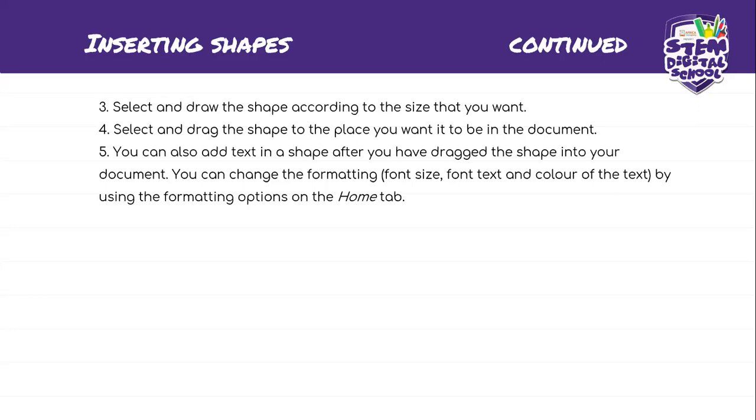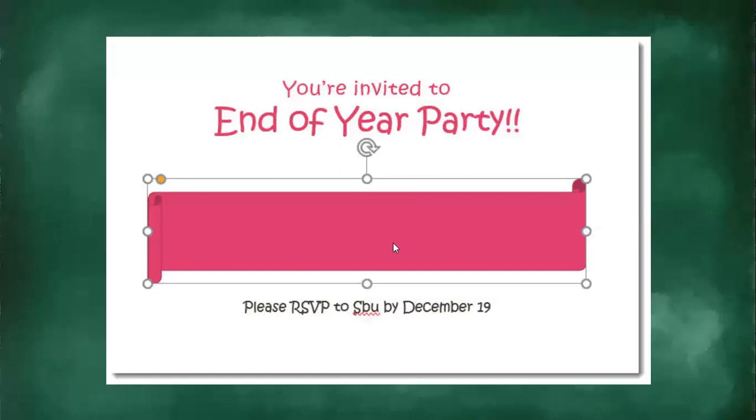After you have your text in your shape, you can change the size of the text, the font type, the color, change how your shape looks, the effect of your shape, the color of your shape. Like this one, this is the shape. I can insert text on the shape, change the color of my shape and how the shape looks, the effect.